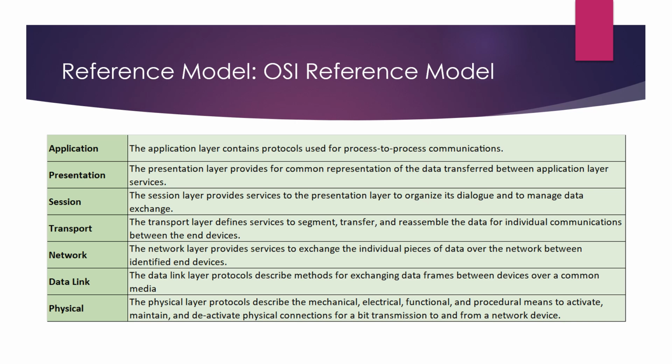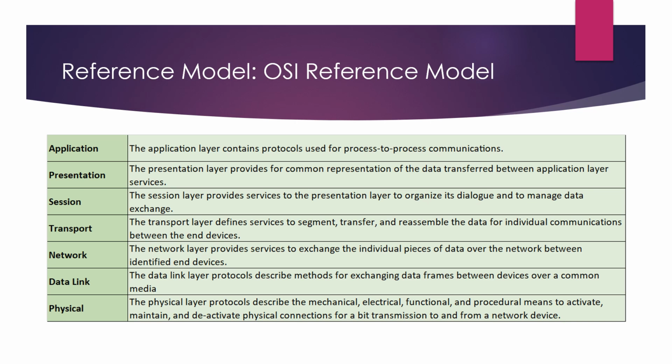The application layer, the 7th layer of the reference model, is the layer that contains protocols used to process communication. The 6th layer, the presentation layer, provides a common representation of the data transferred between application layer services.